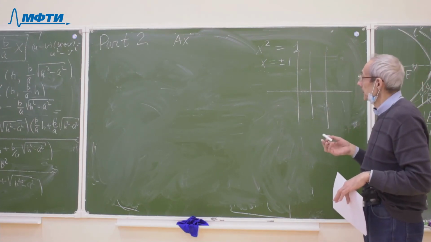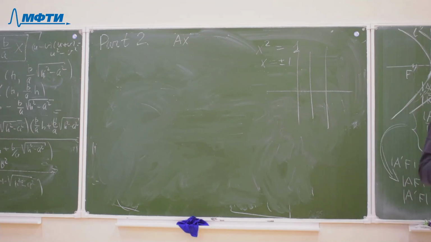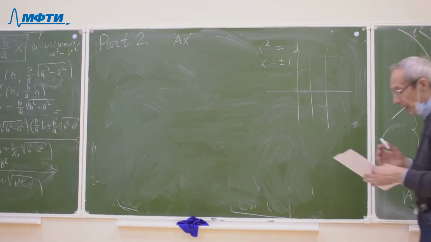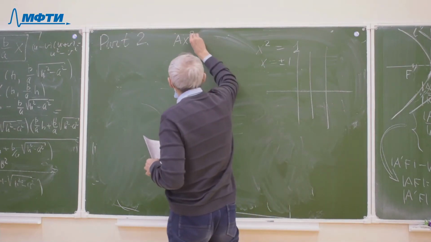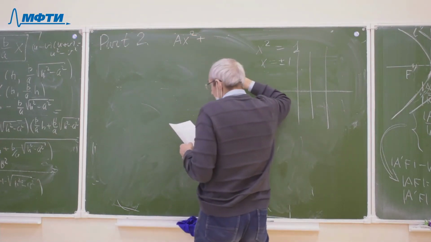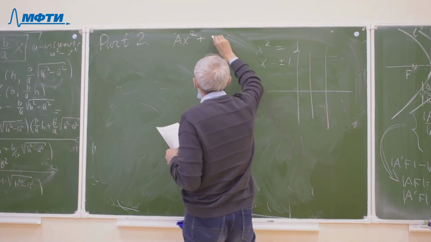But in the situation of general position, we obtain a conic section. And we have this general equation.